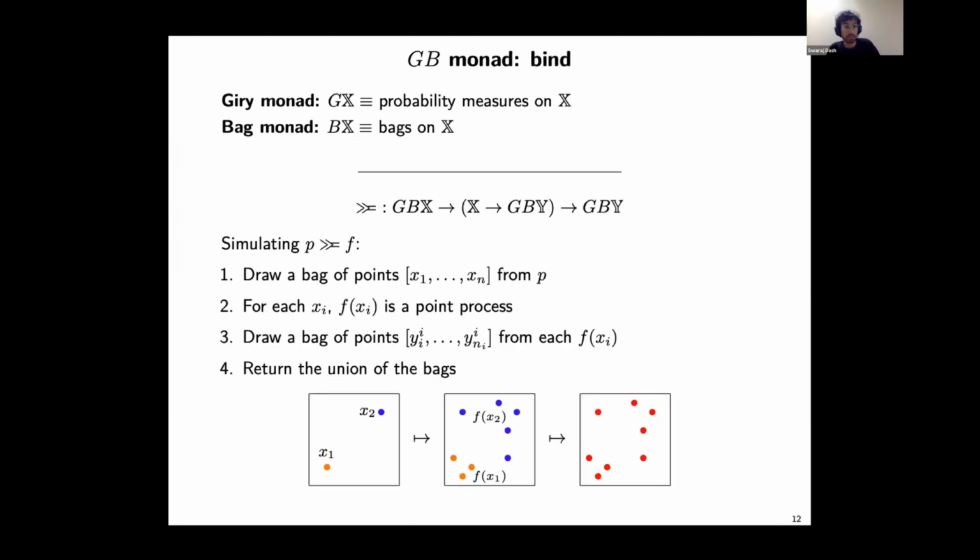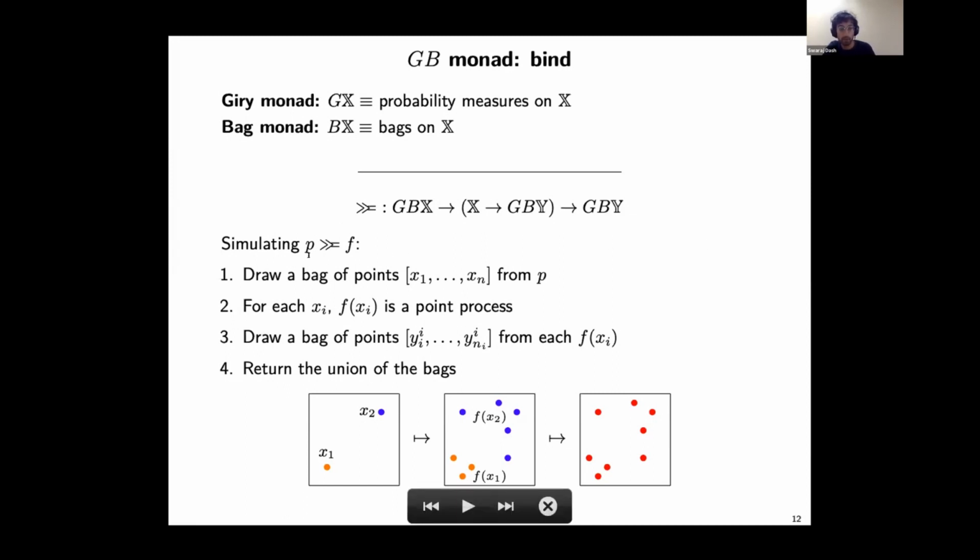The bind is more interesting. Looking at monads using the unit and bind is a more common thing in computer science because it's quite useful for programming. But the bind can be defined in terms of the join or the monad multiplication, and it's similar to the Kleisli composition.